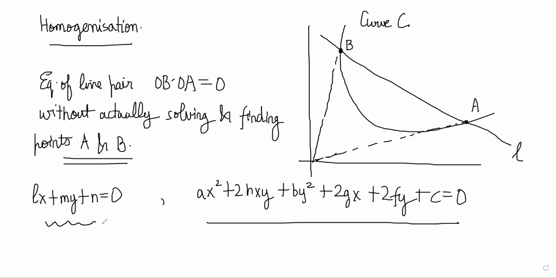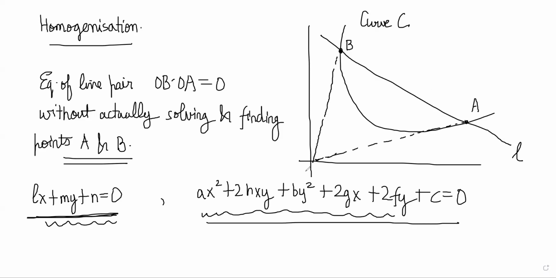Technically, if somebody told you to find the point of intersection of the line with the curve, it will be an annoying problem to solve, because this is a very general equation. If you have to solve it with a linear term, it will not be easy. You will have to substitute for y, minus lx minus n by m, and it will still become annoying. It will be a big quadratic, right? Solving it for A and B will be difficult.